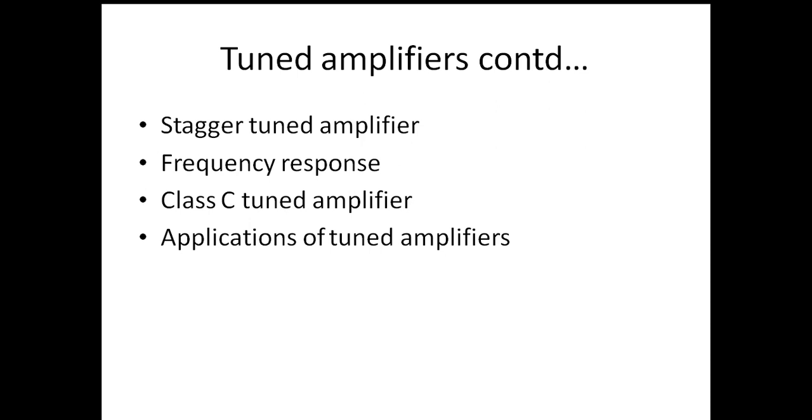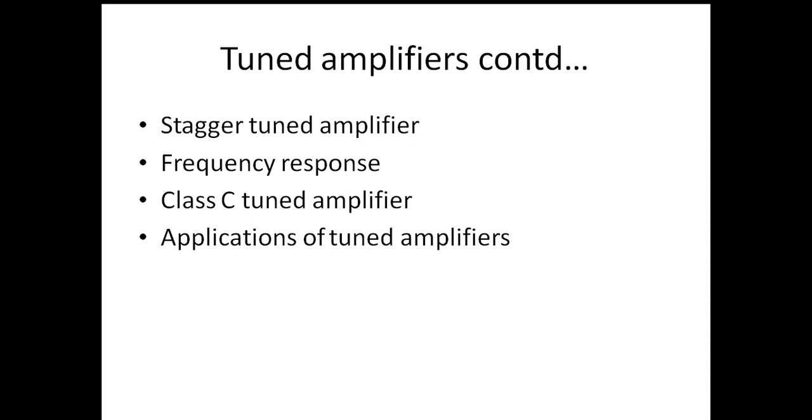In the tuned amplifiers, we have discussed the types of tuned amplifiers. A single tuned amplifier consists of one LC network as a load. A double tuned amplifier consists of two LC or tank networks which are mutually connected through inductors L1 and L2 of the two different tuned circuits.